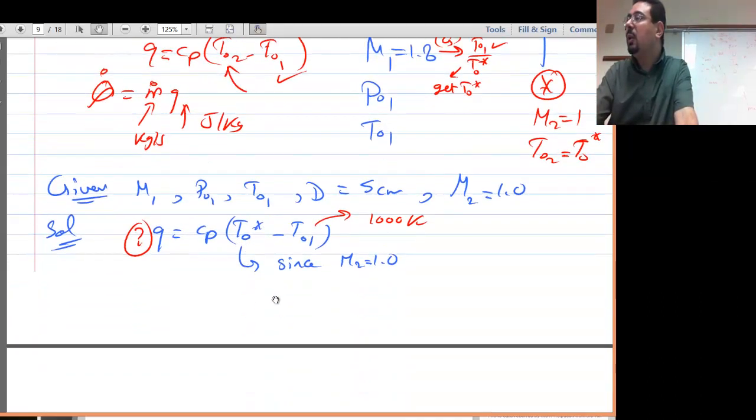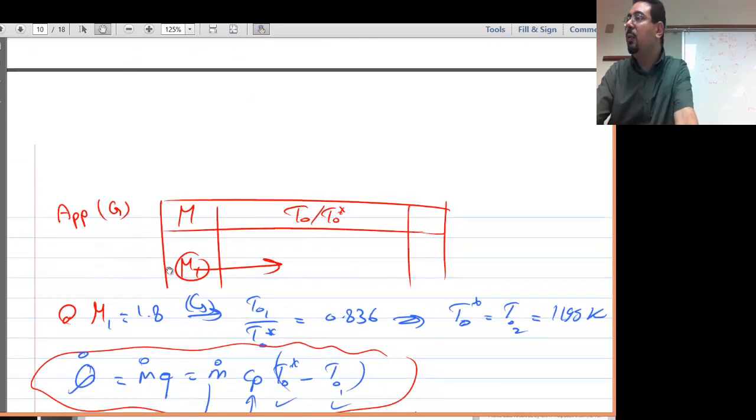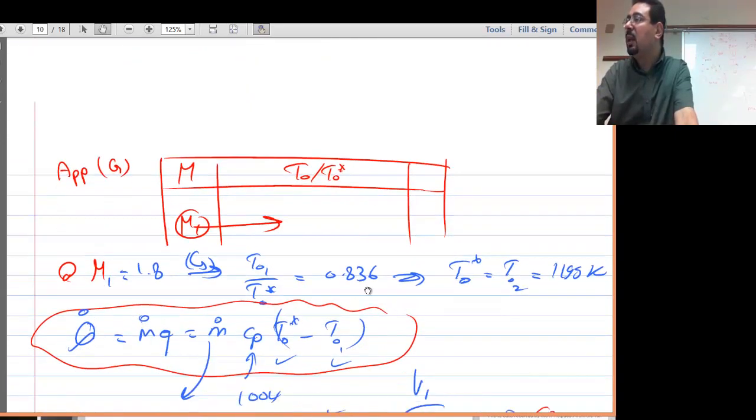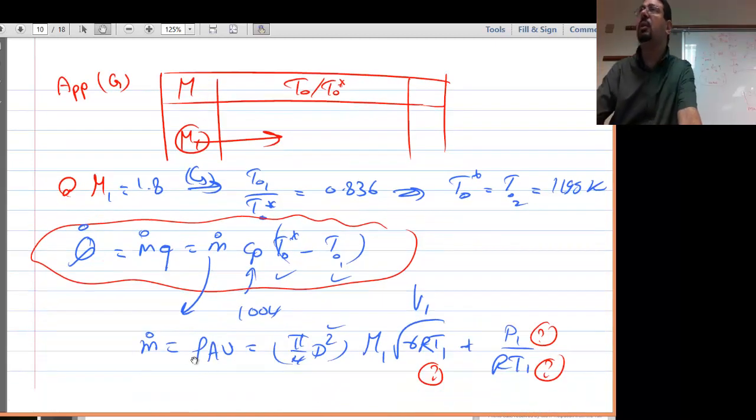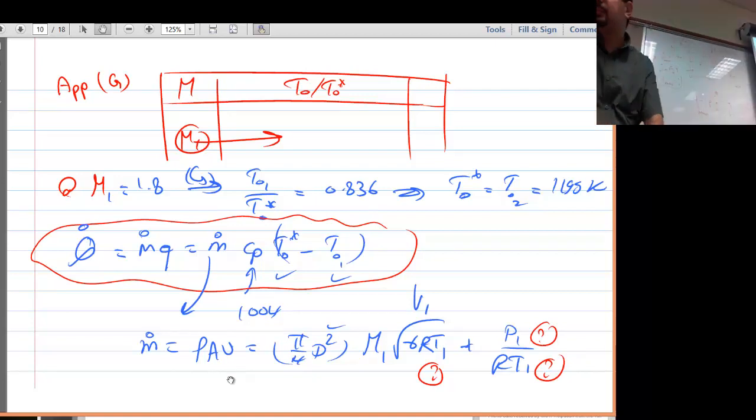And this will allow us to get T naught star from M1. That ratio is 0.8. Therefore, T naught star is this much. So now the only thing waiting between the capital Q and the small q is M dot. That's why he's doing the M dot, and that's why Robert said let's calculate the area, because you don't have the area, you only have the diameter. So he was trying to calculate the area from pi over 4 D squared. Okay? Questions?